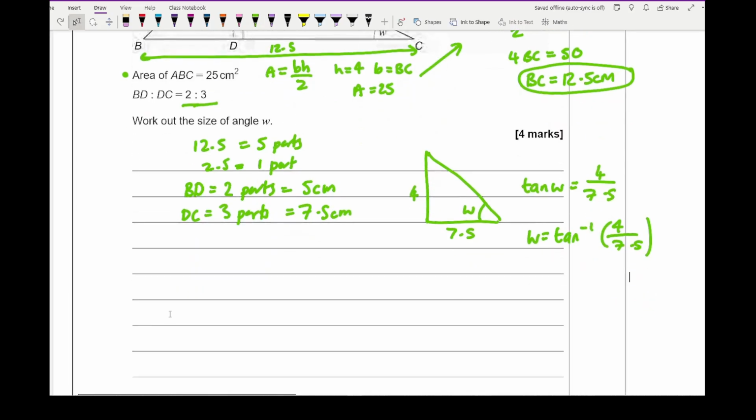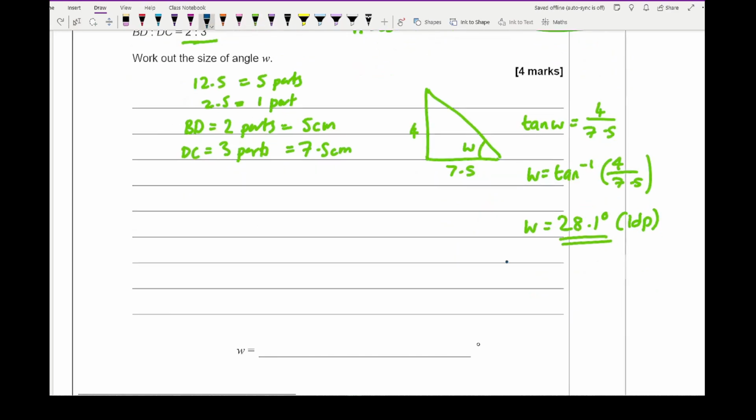Then typing that into my calculator, I get an answer of 28.1 degrees, and that's to 1 decimal place. Now, depending on rounding, the answer would accept any answer between 27.9 and 28.4. So as long as you've done the right method, and your answer is between those two values, you would be absolutely fine.